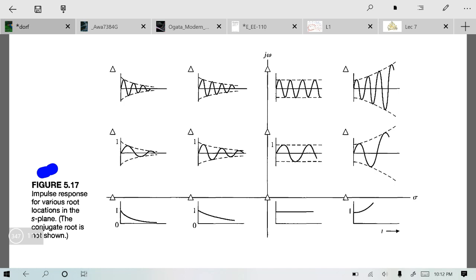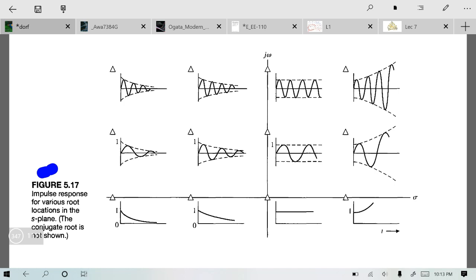For example, it gives the response of the system when the pole is over here, when the pole is over here, and so on. You can move the pole to any location by changing the zeta, and you can change the zeta by changing the system parameters, just as we change the zeta of the mass spring system by changing B, K, and M.